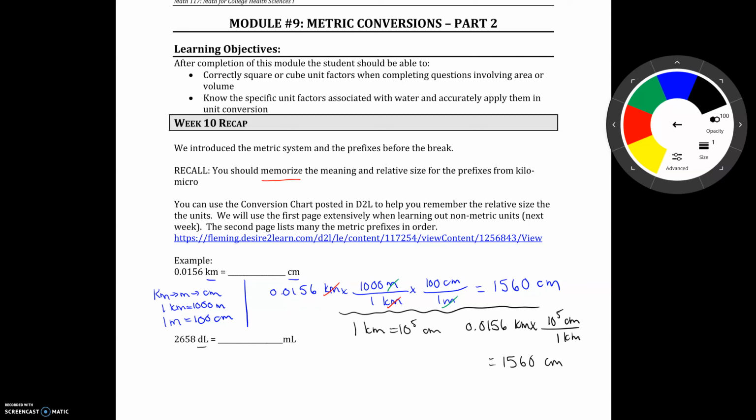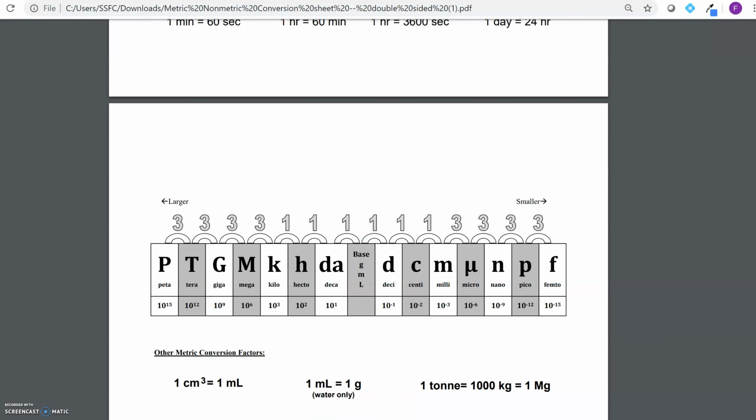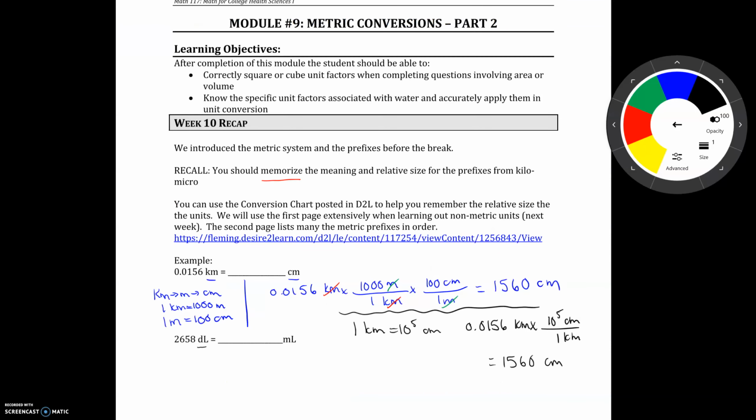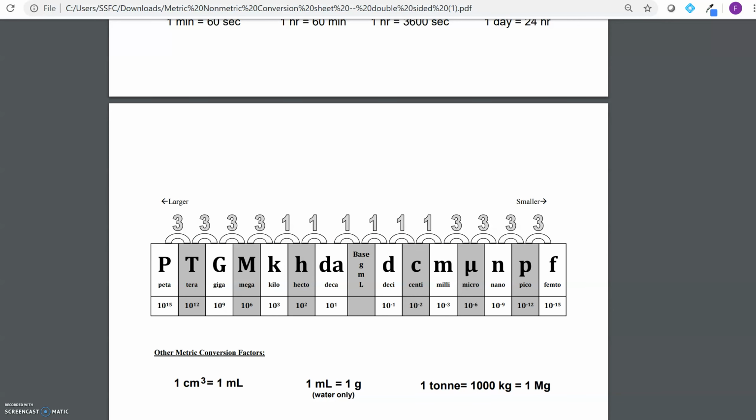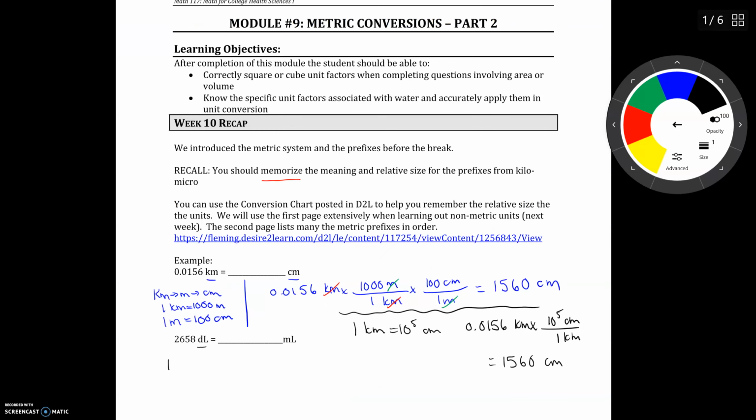This technique of counting relative steps is really handy in the next example when maybe we're less familiar with deciliters and the size of deciliters compared to milliliters. So if I go to my conversion chart, I can see deciliters to milliliters, it's 1, 2 steps. So there is 1 deciliter, it's larger, so we're going to say there's 1 of it, and then there's going to be several milliliters to make 1 deciliter. So 10 to the power 2 milliliters in 1 deciliter.